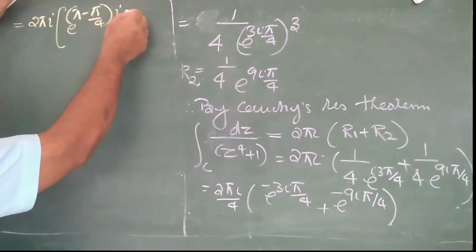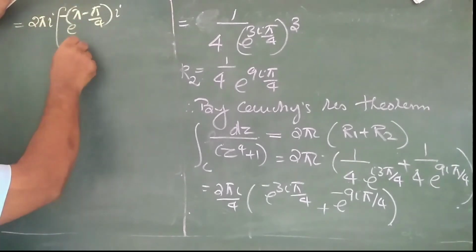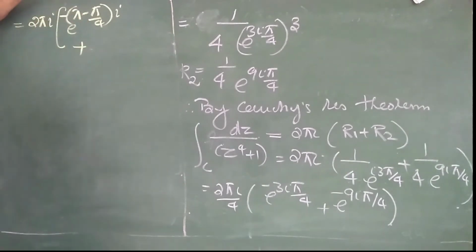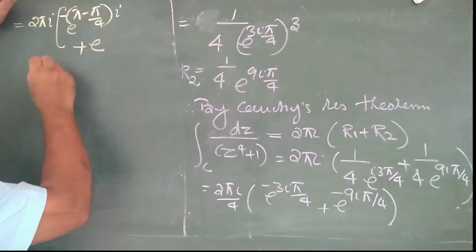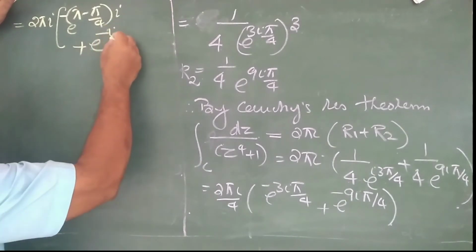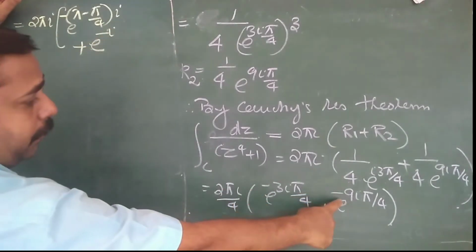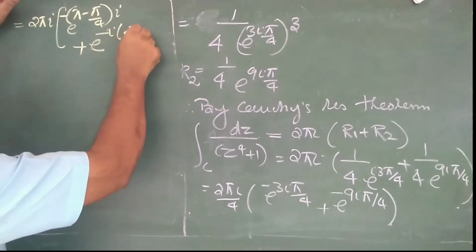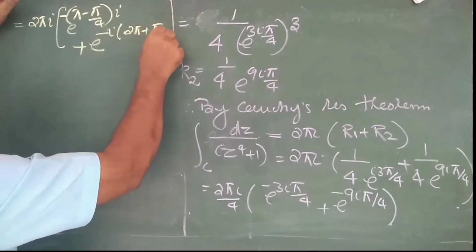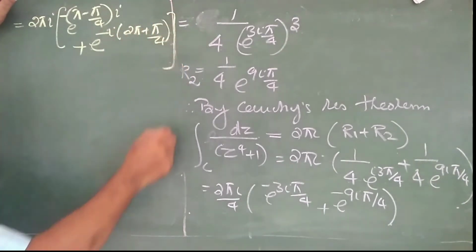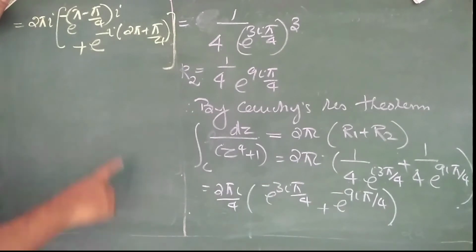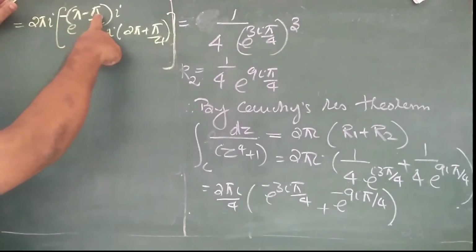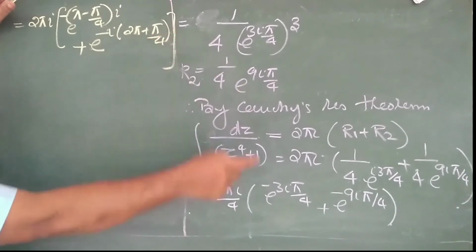Here we can write minus, then plus, here e raised to minus i into 2 pi plus pi by 4. So here 4 minus 1 is equal to 3, here 8 plus 1 is equal to 9.